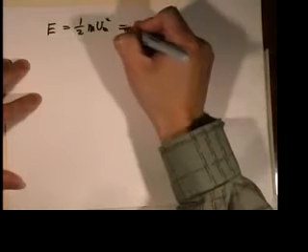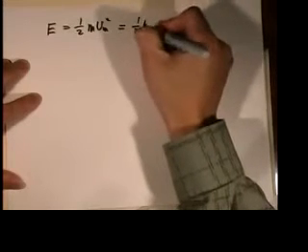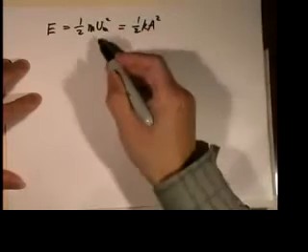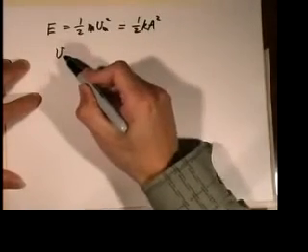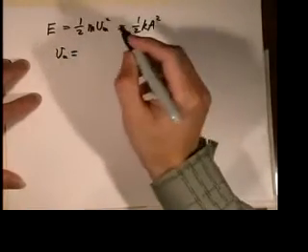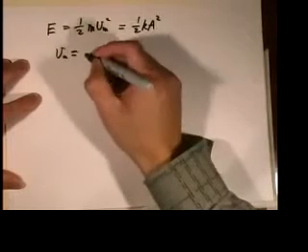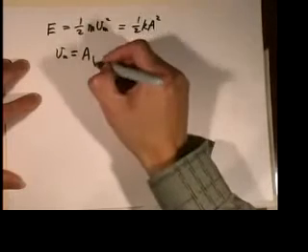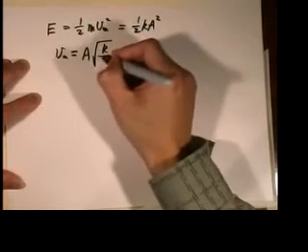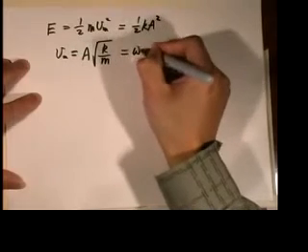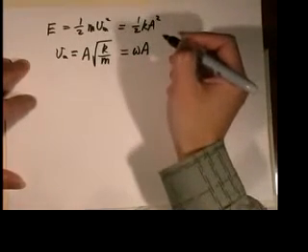But we know it is also equal to 1/2 k A squared, as we learned before. This tells us what v maximum is. It equals A times the square root of k over m. And that, as you know, is omega times A. That is the maximum speed from conservation of energy.